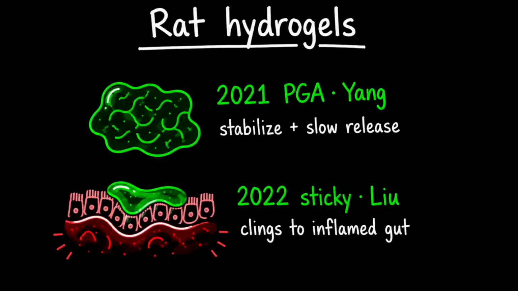The mucosa is just the epithelial lining of the gut. So it's designed to stick to inflamed colon mucosa rather than healthy tissue. And in rats, it improved mucosal barrier recovery and colitis measures. So the lesson here is that with smarter delivery, we can have a better local effect if we pair it with, say, a hydrogel, which is a really common example of trying to improve a delivery system.